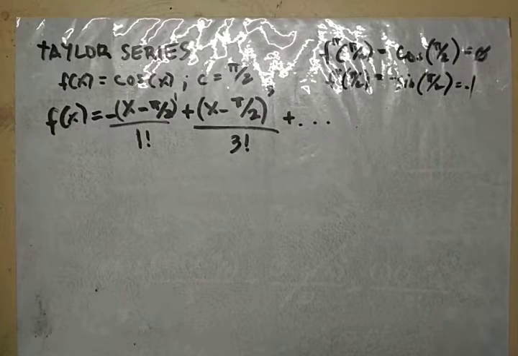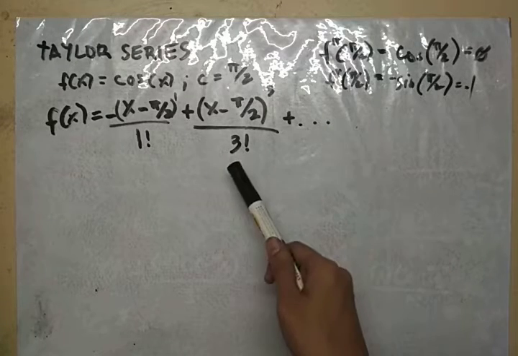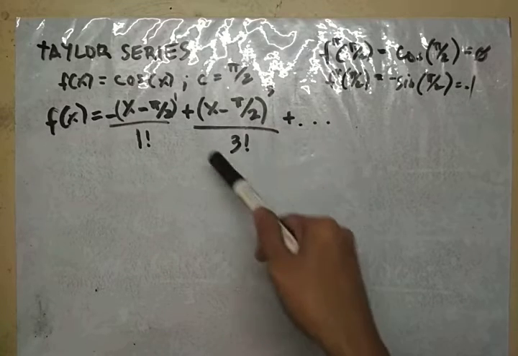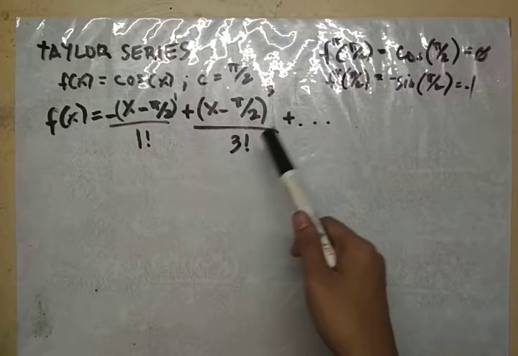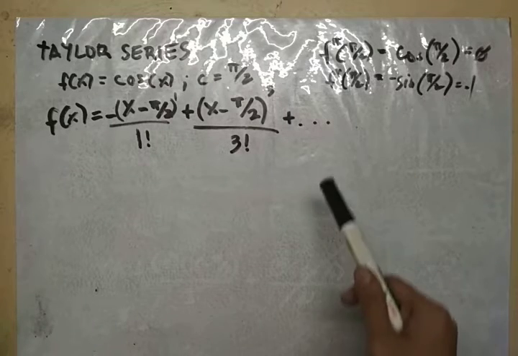So we can assume that the next term in the series is 0 multiplied by x minus pi over 2 raised to 4 all over 4 factorial.